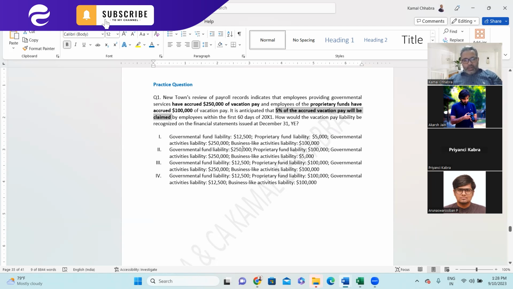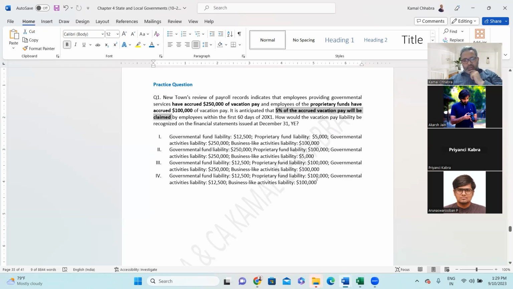So: governmental fund liability, proprietary fund liability, governmental activity liability, and business-like activity liability. The second option is incorrect, right? This third one also looks incorrect.